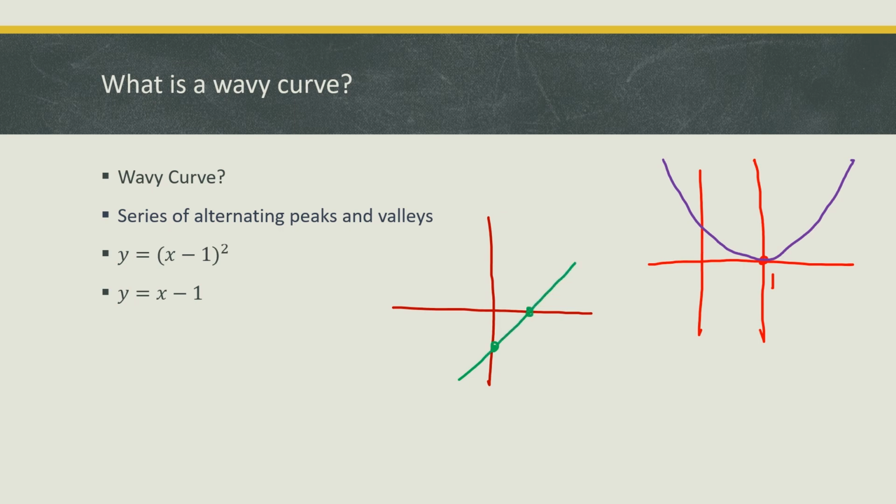Definitely not, as it has no peaks and valleys, and it is a continuously increasing function. So it might be clear till now that for a function to be a wavy curve, it should have some waves, so some positive, some negative, some zeros.